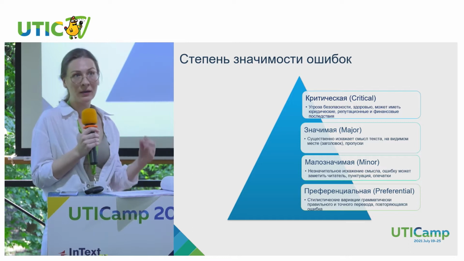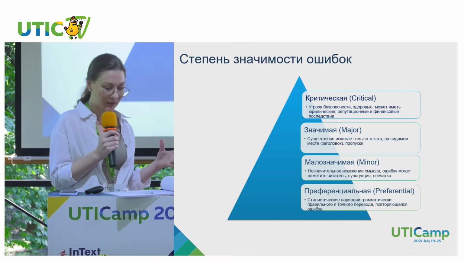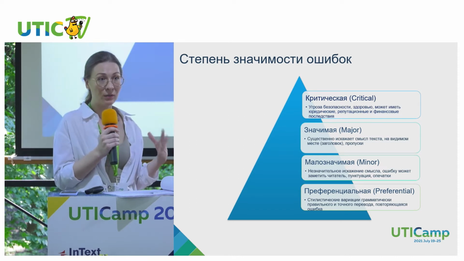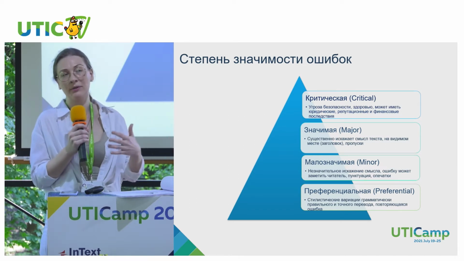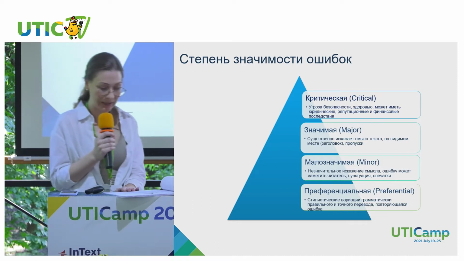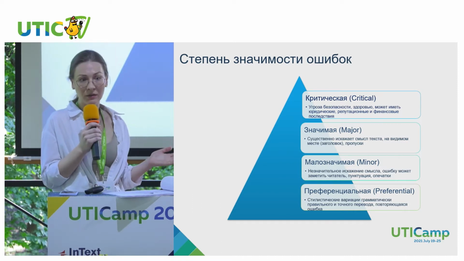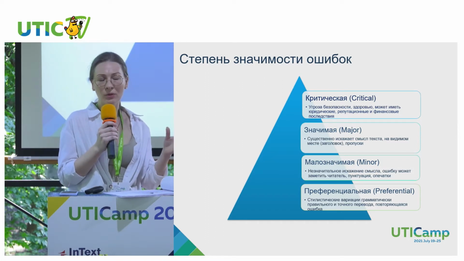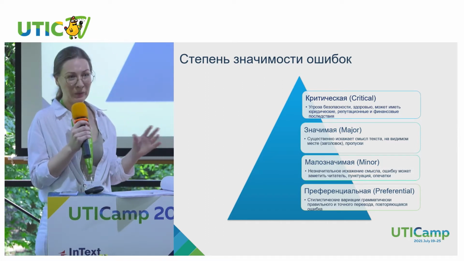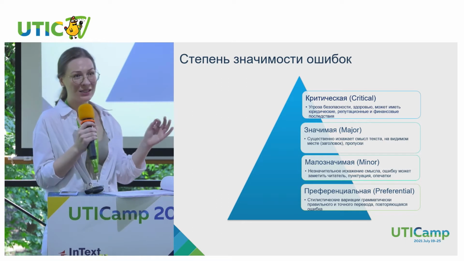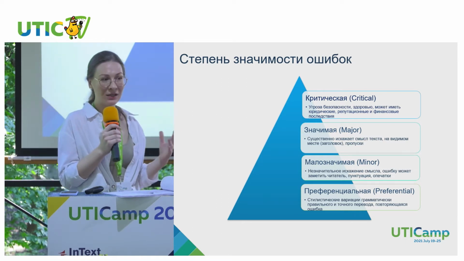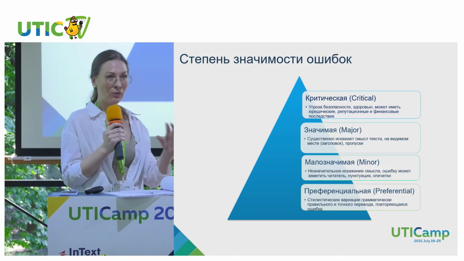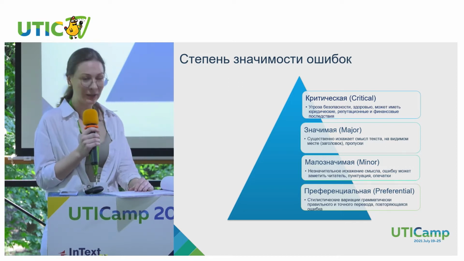For example, in medical translation, any inaccuracy in numbers can be a critical mistake, for example about dosage. It can lead to fatal consequences for patients. But if it is just some general content or statistics, for example whether it is 56 or 57%, it will not lead to any serious consequences, so it's just a mistake.